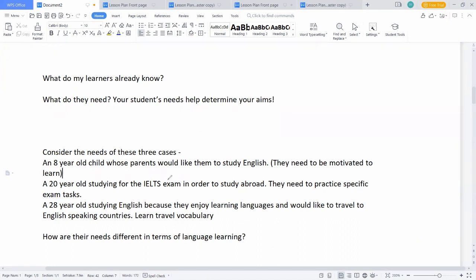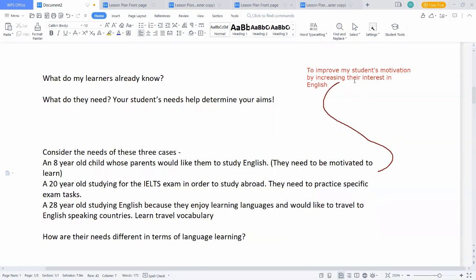This means your main aim could be something like to improve my students' motivation by increasing their interest in English.